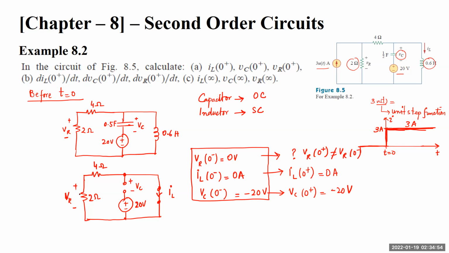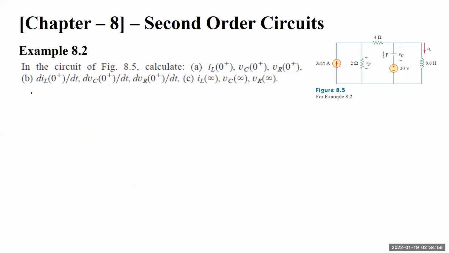So let's calculate VR(0⁺). After t equals 0, the circuit looks something like this.